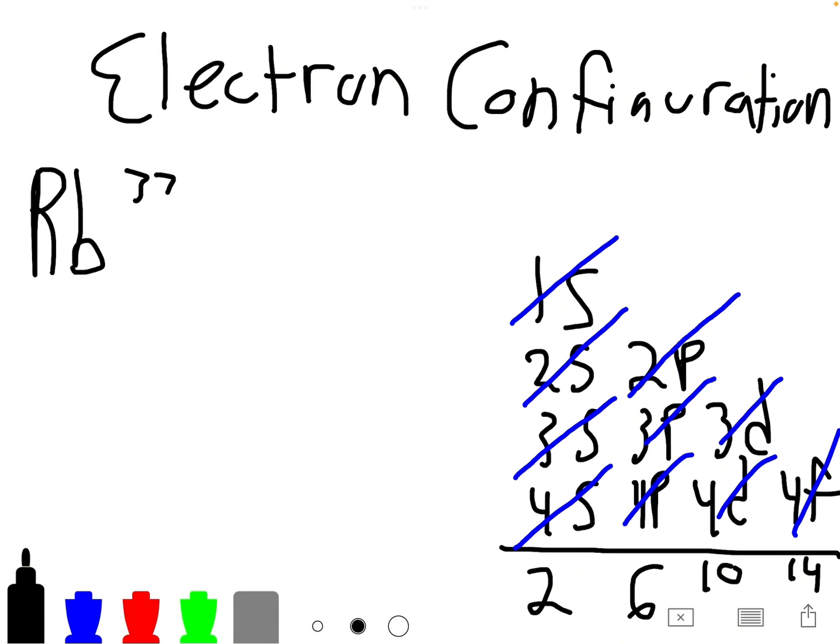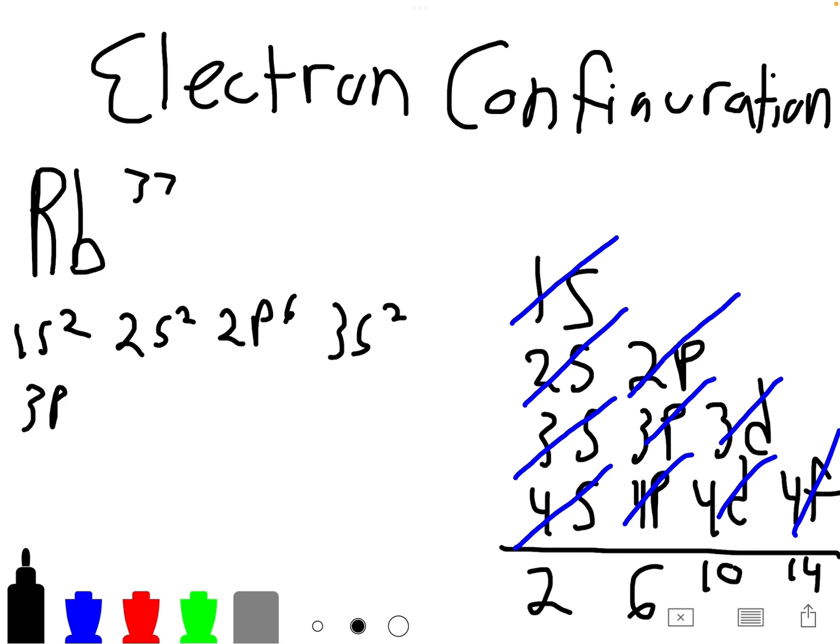Okay, so it's going to be 1s2, 2s2, 2p6, 3s2, 3p6, 4s2. Let's count so far. 2, 4, 10, 12, 18, 20.